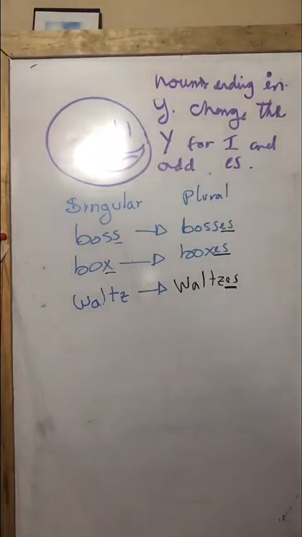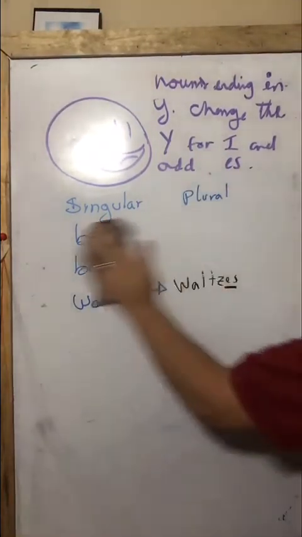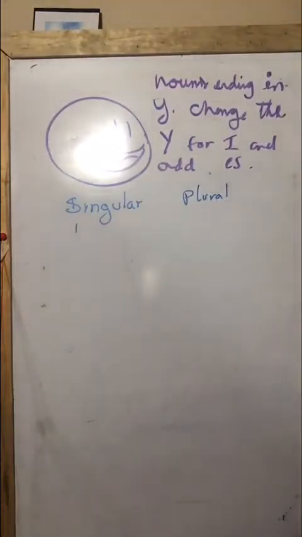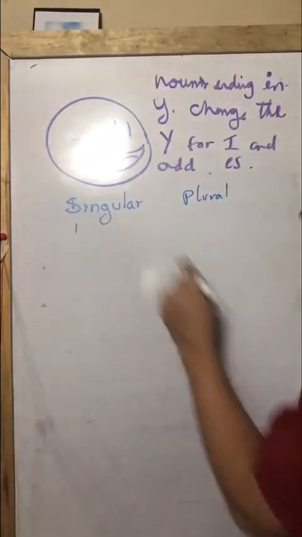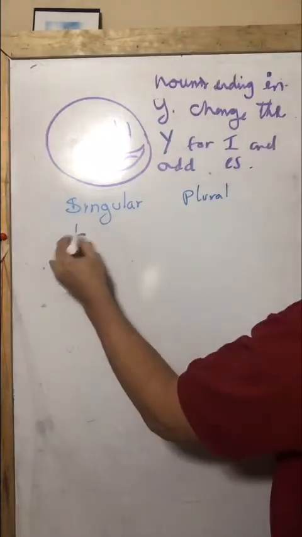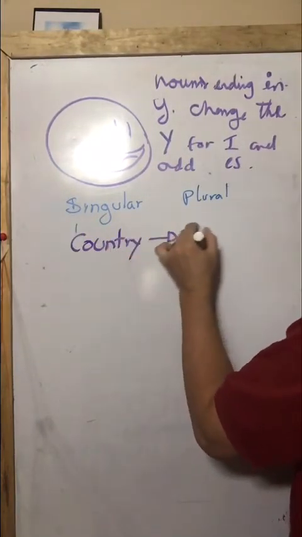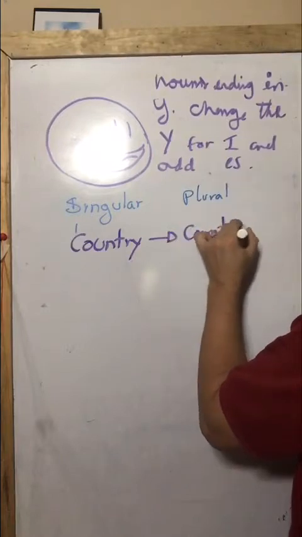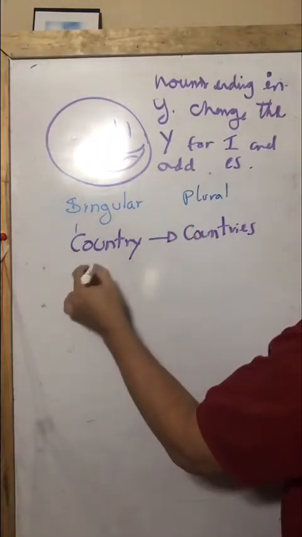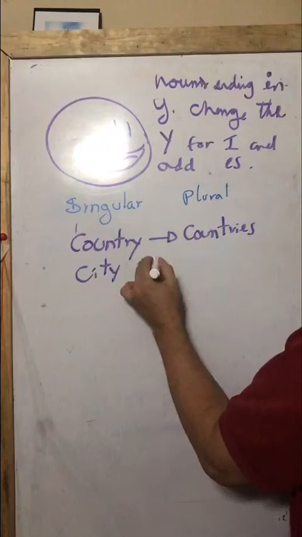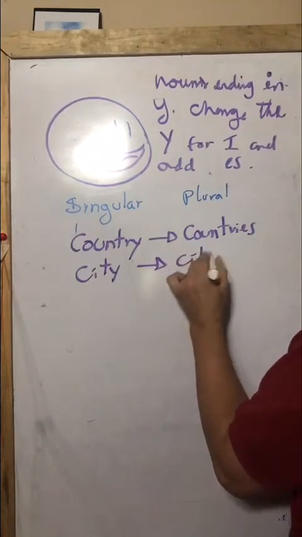Okay, so let's see what the example would be. Remember, you should copy everything. Country, countries, city, cities.